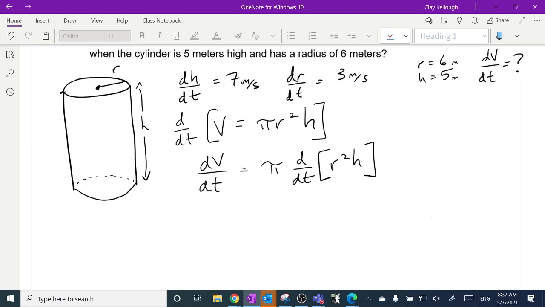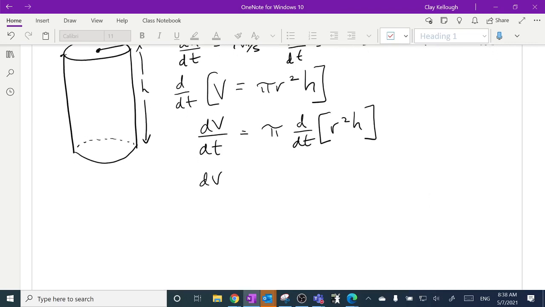So the derivative with respect to time, the thing we're actually looking for, is pi times, okay, so this is a product rule. So it's going to be the derivative of the first thing times the second thing plus the first thing times the derivative of the second thing.